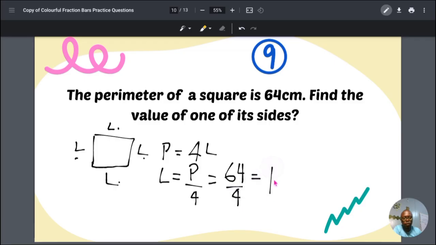So 64 divided by 4 is 16. So one of the sides is 16. This means that this is 16, this one is 16, this one is 16, and this is 16. 16 plus 16 here is 32, plus another 16 is 48, plus another 16 is 64.